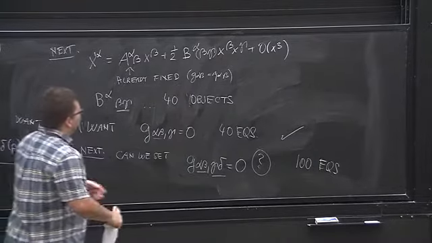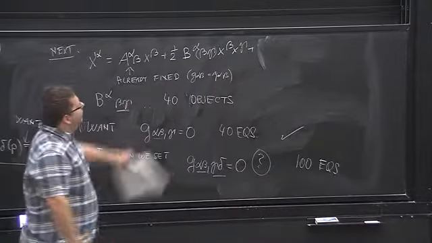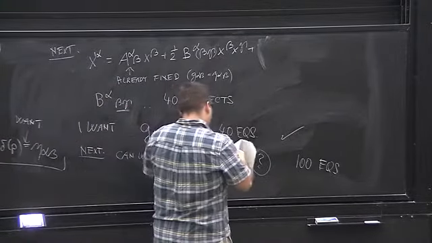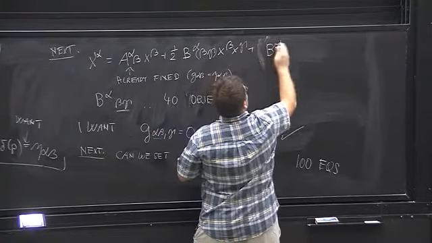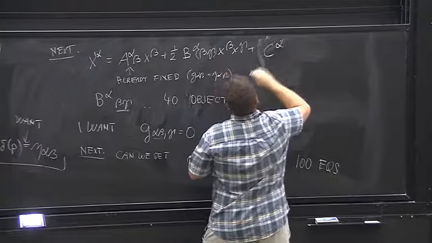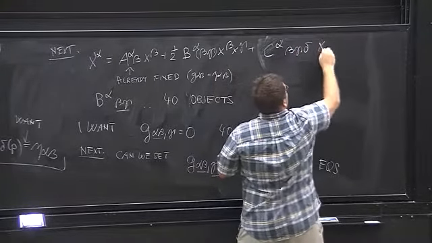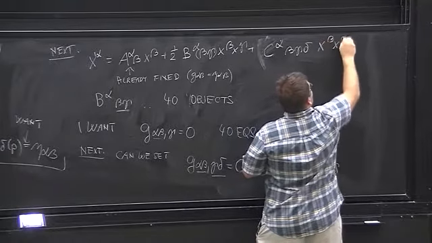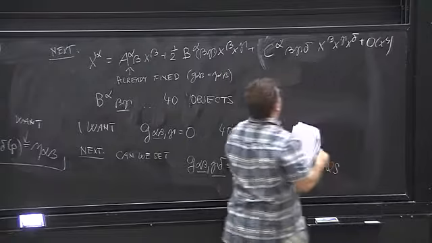So now if I keep going here, I add my third-order terms. That will be 1 over 3 or whatever, C alpha beta gamma delta X beta X gamma X delta plus O(X^4).